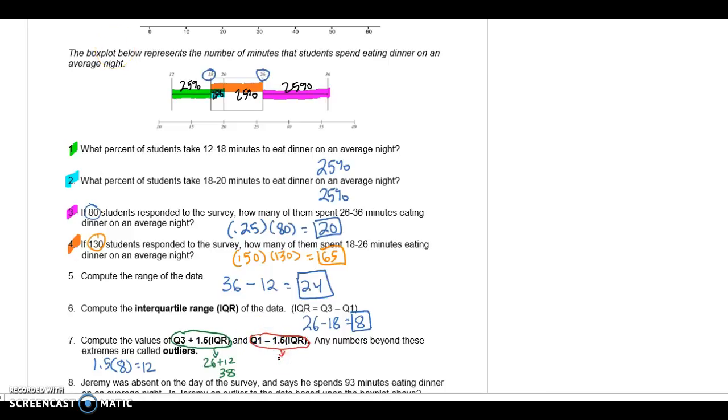Q1 was 18, so when I take away 12, that gives me 6. What that tells me then is that if someone were to take less than 6 minutes to eat dinner, holy cow, that's like no time at all, they would be considered an outlier. Anyone that takes more than 38 minutes would also be considered an outlier.